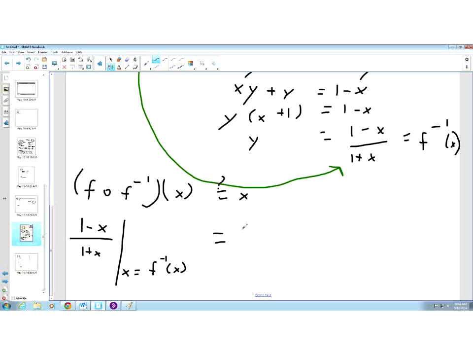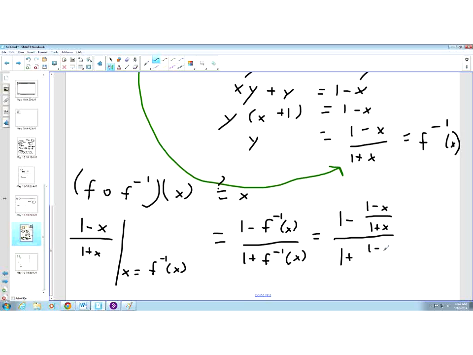Okay, and so that's equal to 1 minus f inverse of x divided by 1 plus f inverse of x. All right, and then we plug in the definition of f inverse of x, so that would be 1 minus (1 minus x over 1 plus x) divided by 1 plus (1 minus x over 1 plus x), and we need to simplify this expression.